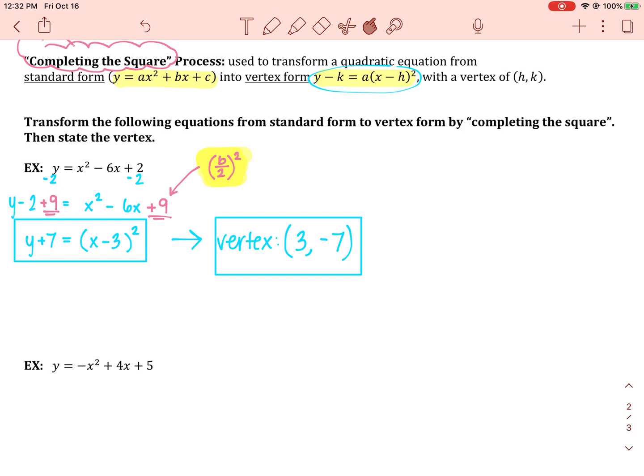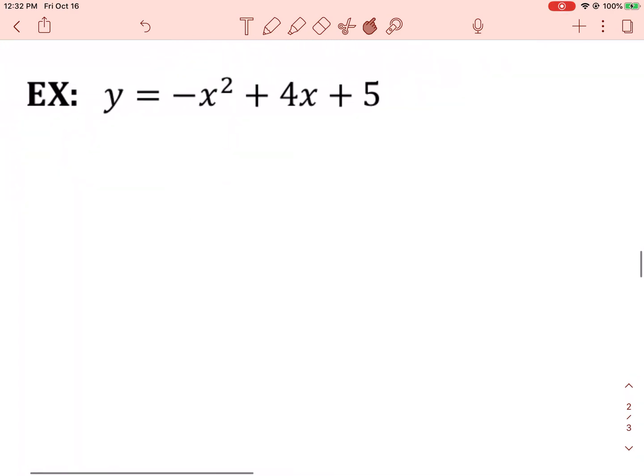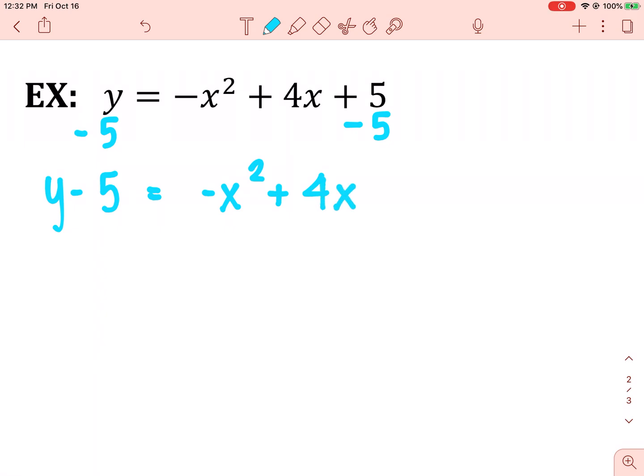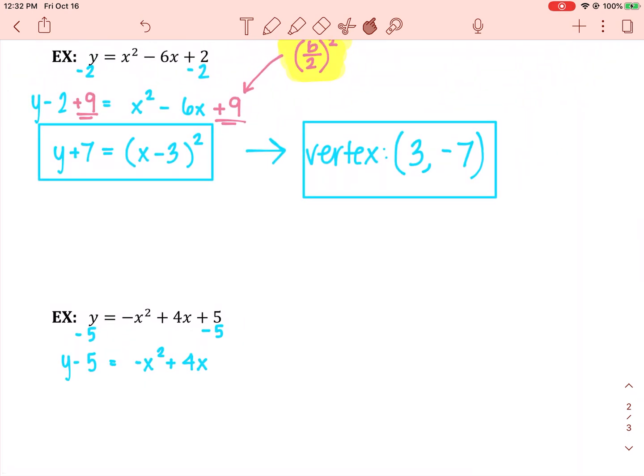Okay, next one. There's a little nuance with it because we wouldn't do the same example again, but I'll talk you through it. First step, like always, get rid of that constant. Normally at this step, I jumped to the b divided by 2 squared.